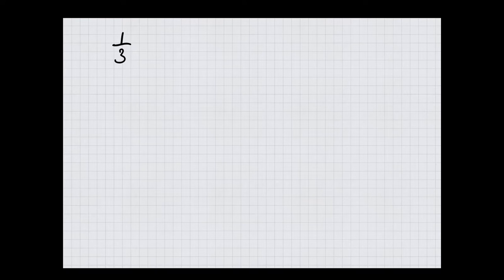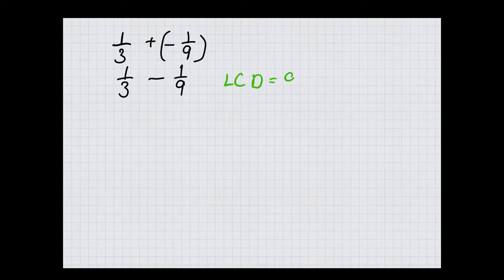1/3 plus negative 1 out of 9. First thing you want to do is to simplify signs. So we have positive times negative, negative, 1/3, 1/9. Then we want to calculate the least common denominator, which is 9.